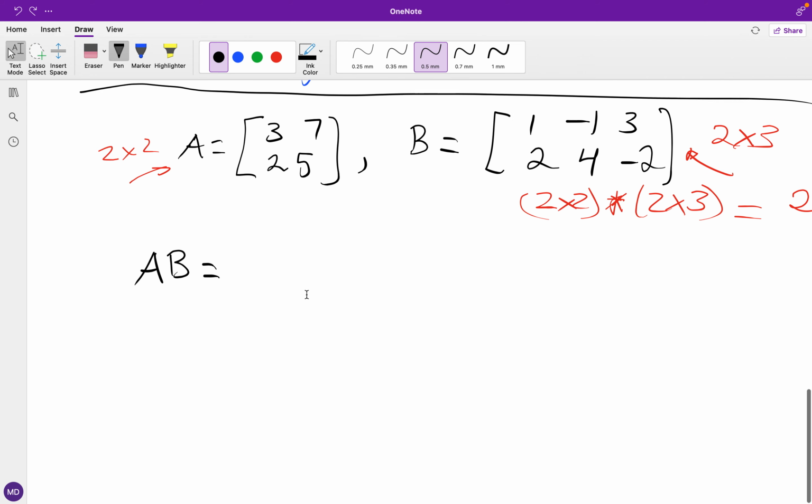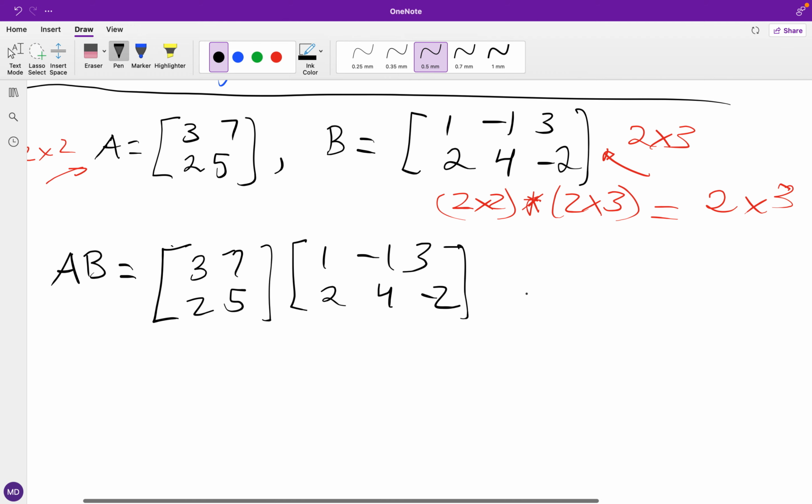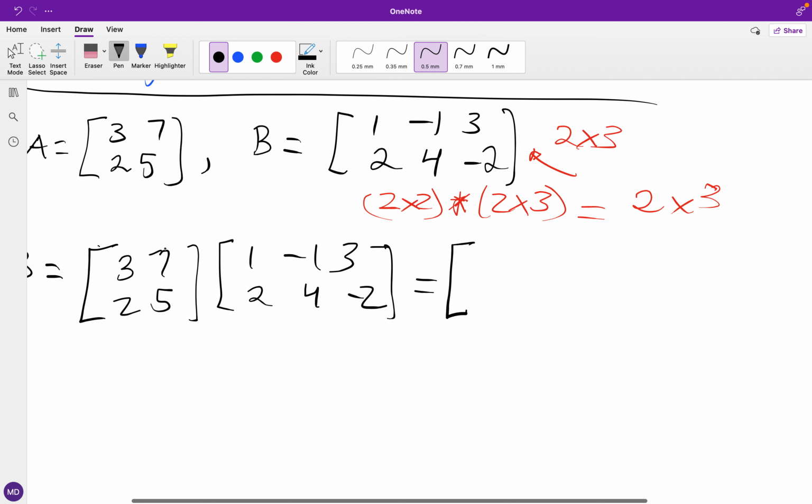So, okay, let's actually compute the product here. AB would be 3, 7, 2, 5 times 1, negative 1, 3, 2, 4, negative 2. And to do this, there's a very systematic and easy way. You'll be ending up with a 2 by 3 matrix. The first entry of your new matrix, the AB matrix, the first row and first column, is equal to the first row here with the dot product of the first column here.